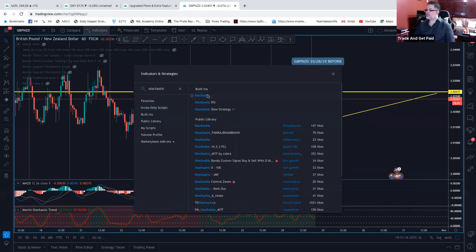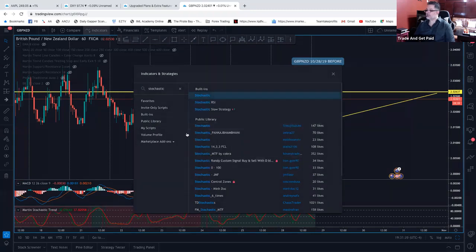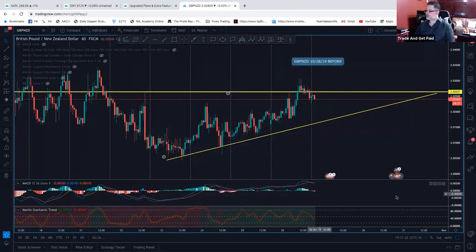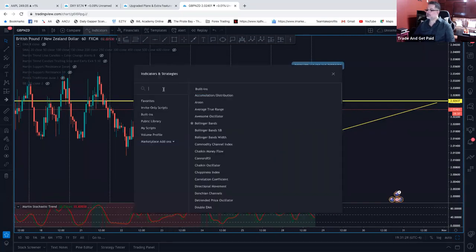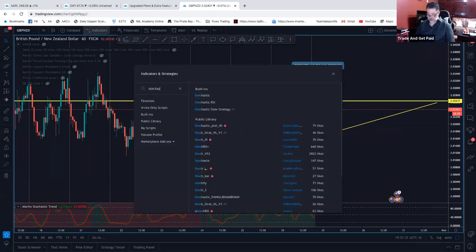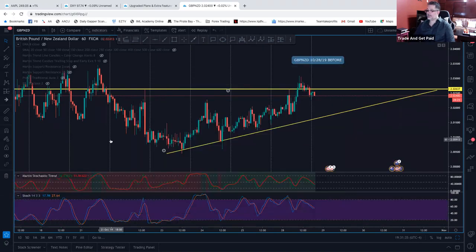Stochastic, click on it. I got too many. Okay, let me remove one for now. Let me remove the MACD. Okay, indicator. Click on it, and there it is. And it comes already with 14, 3, and 3.